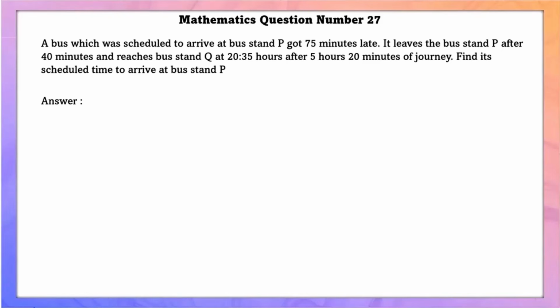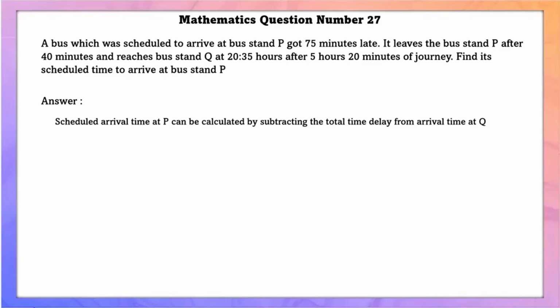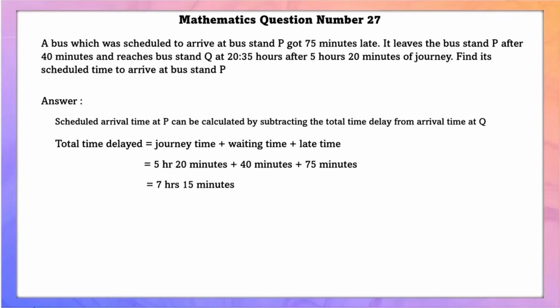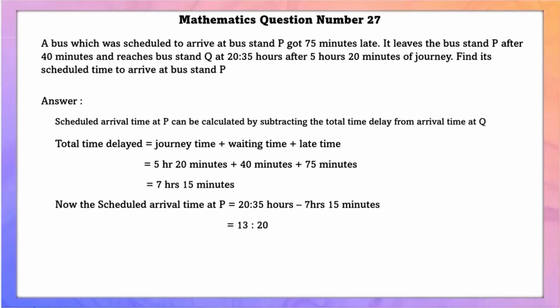Find its scheduled time to arrive at bus stand P. Scheduled time at P can be calculated by subtracting the total time delay from arrival time at Q. Total time delayed is equal to journey time plus waiting time plus late time, which is equal to 7 hours 15 minutes. Now the scheduled arrival time at P is equal to 20:35 hours minus 7 hours 15 minutes, that is 13:20 or 1:20 p.m.